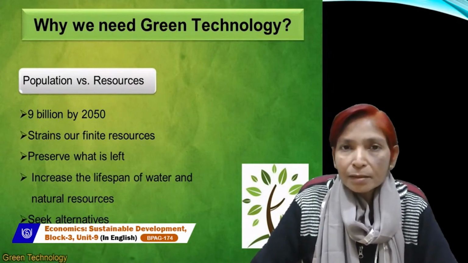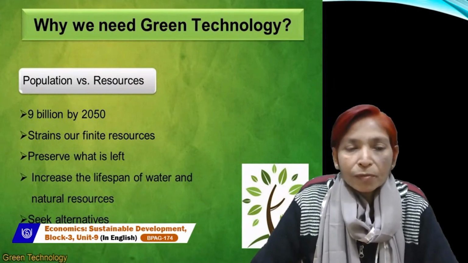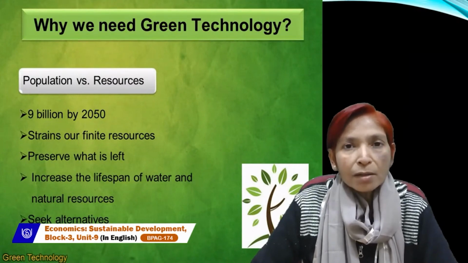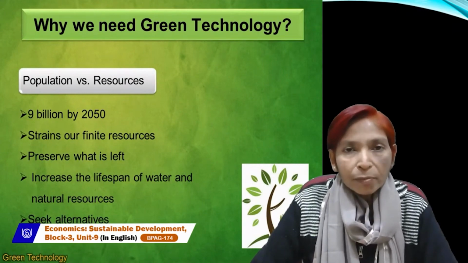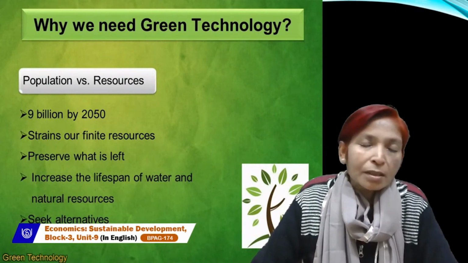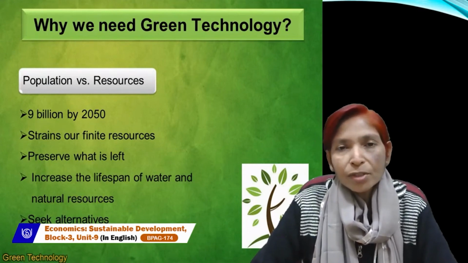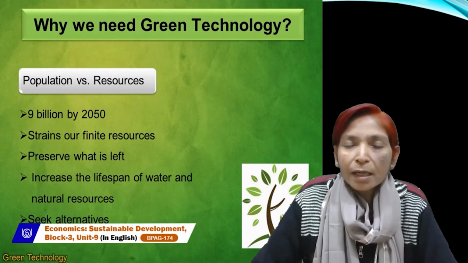Resources are less, but population is more. When the supply of resources is less and the demand of the population is increasing, there is a trade-off between population and resources. There is a scarcity of resources and an abundant population at present.